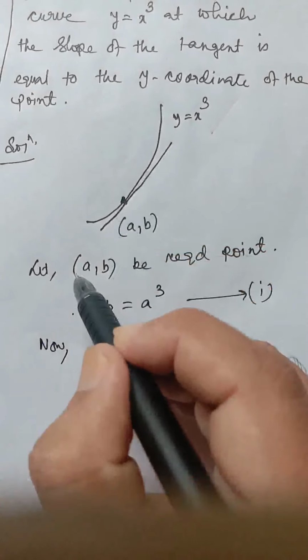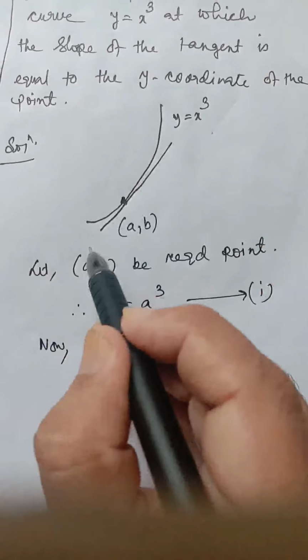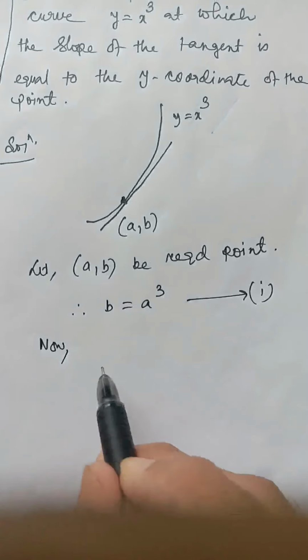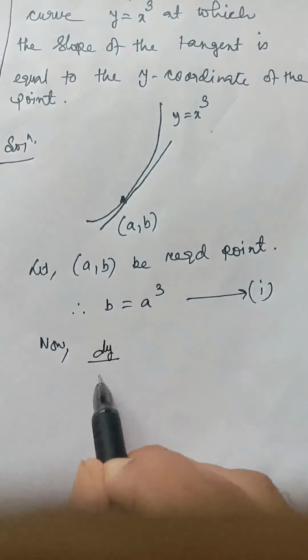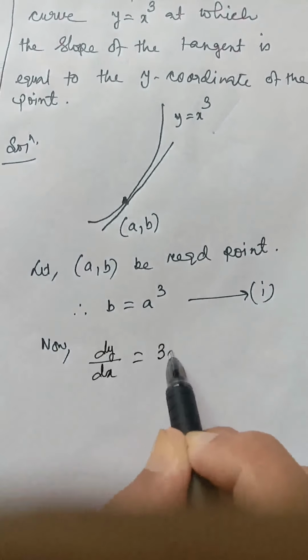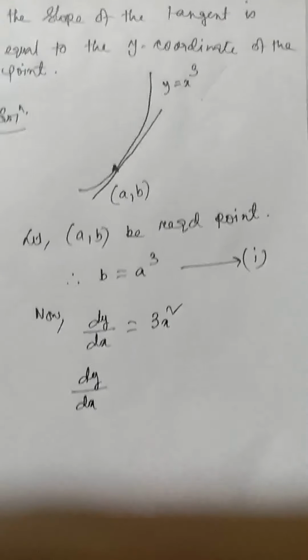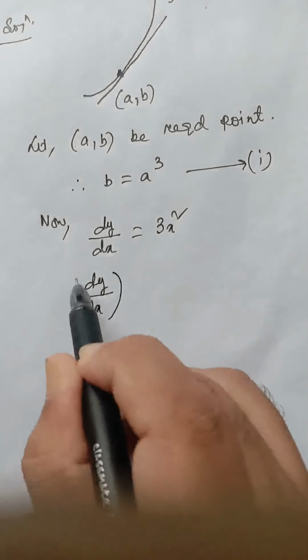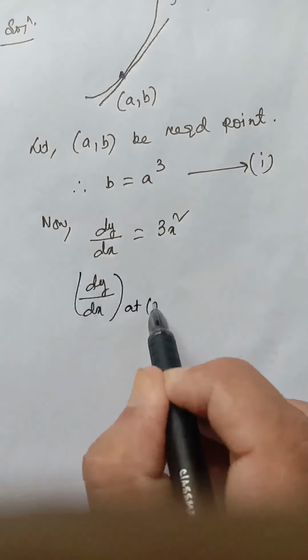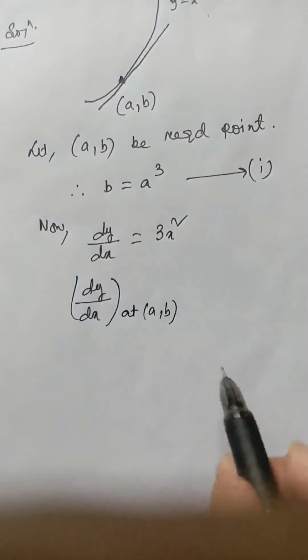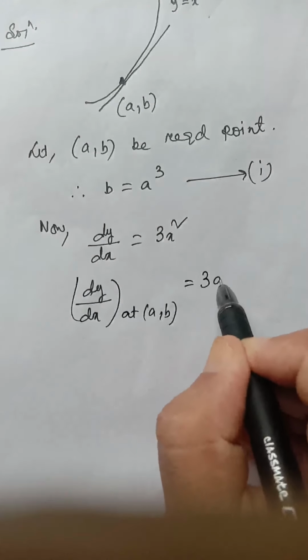This is the tangent at the point (a, b), so the slope will be dy by dx at (a, b). Let us find dy by dx, which is 3x square. So dy by dx at (a, b) will be 3 into a square.